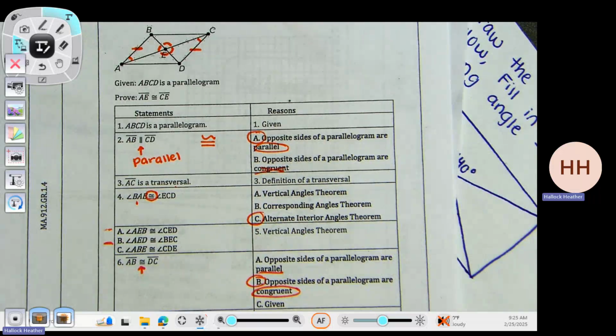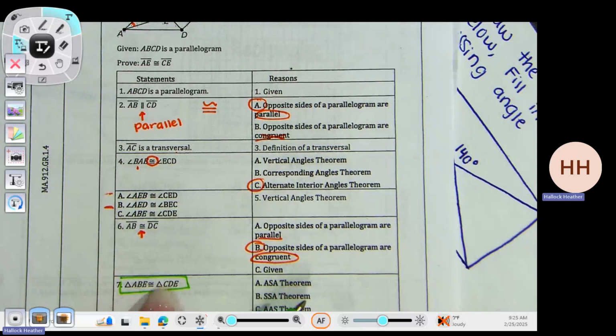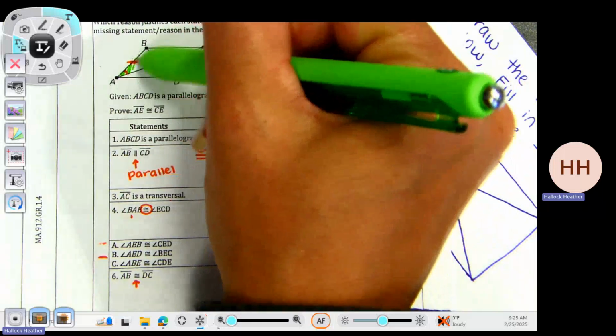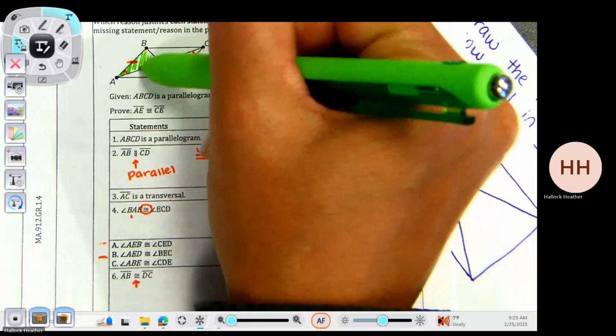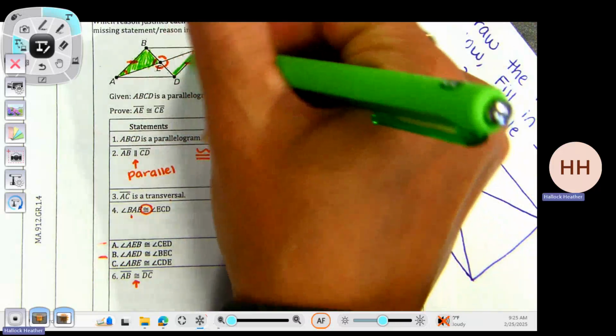This is where you're going to pick your triangle statement. We're talking about triangle ABE is congruent to triangle DCE. If you read these, ABE is talking about this triangle, and CDE is talking about this triangle.